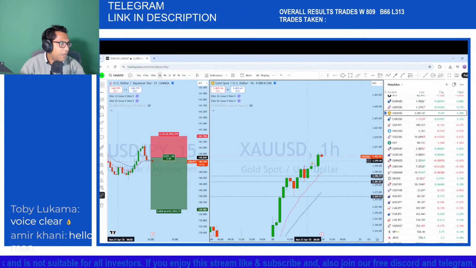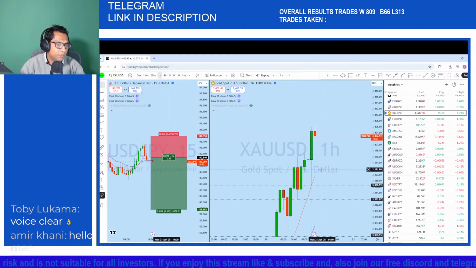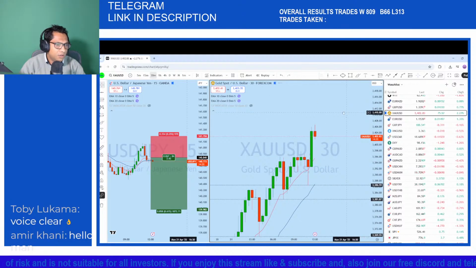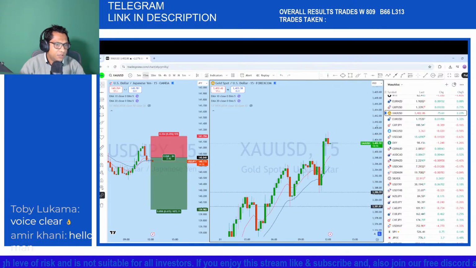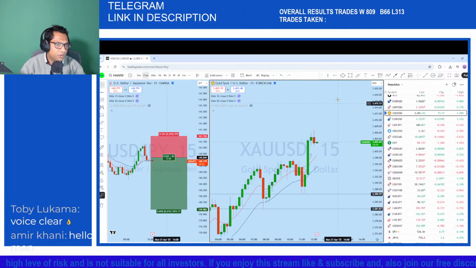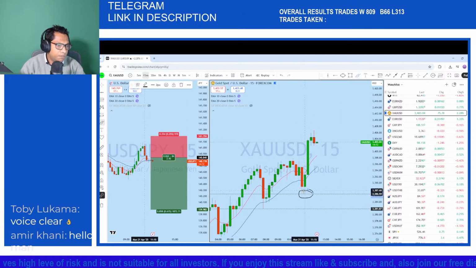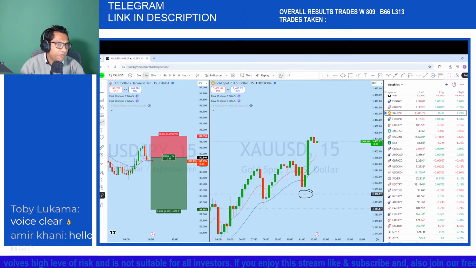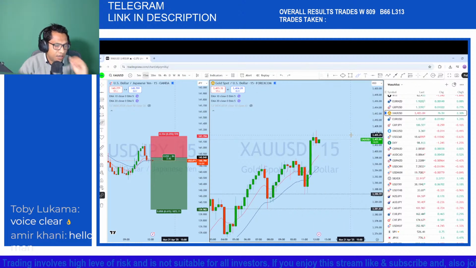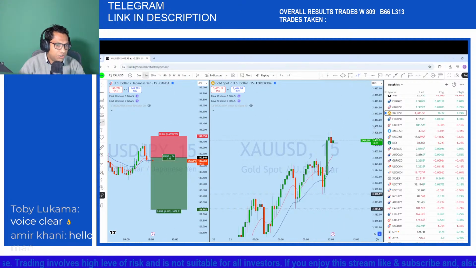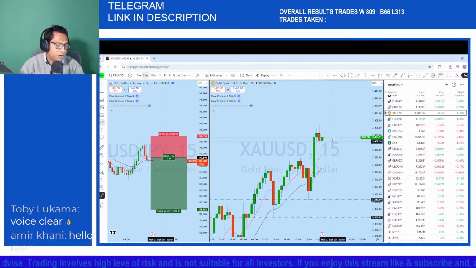This is the 1 hour bullish engulfer, lower time frame as well. So we can see the market is here with an impulse to the upside, followed by a narrow pullback, and we can see the market is in another bullish momentum on this instrument.